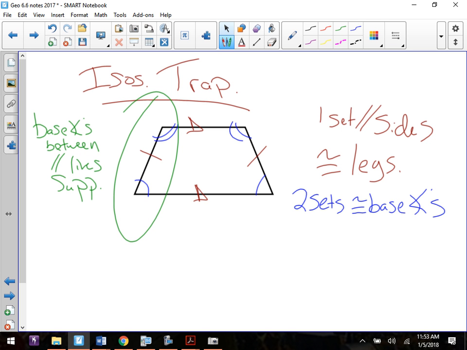Supplementary means they add to how much again? And there's one other part to these that I always seem to forget, but I remembered because I forgot second hour, so remember today. Isosceles trapezoids have congruent diagonals.